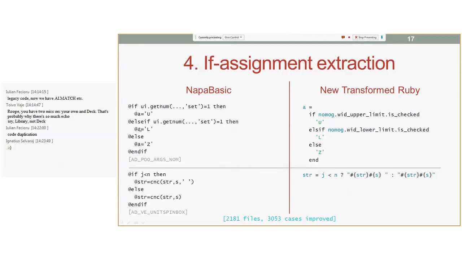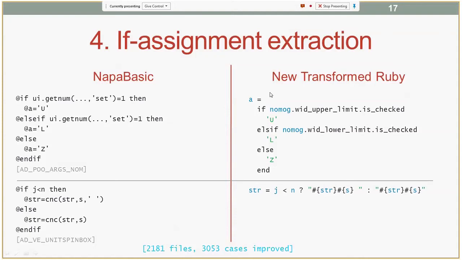Now there's clear duplication here, and in the new transformed Ruby, we can extract this assignment out from the if statement. This is because Ruby has this powerful feature that every expression, every statement is returning a value. And for an if statement or case statement, the value of that statement is the expression that is executed in the selected branch. So with this extracted.